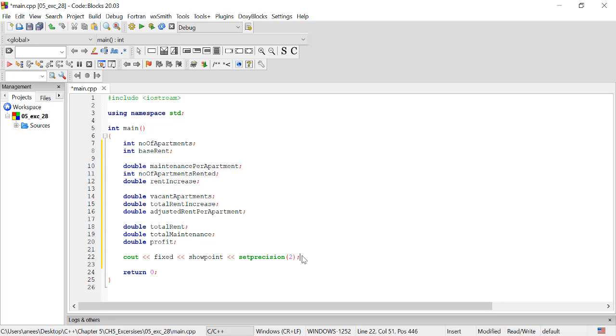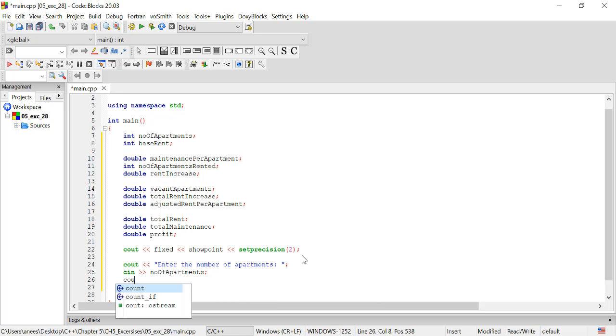And after that, we can write in cout, enter the number of apartments, cin number of apartments, cout endl.